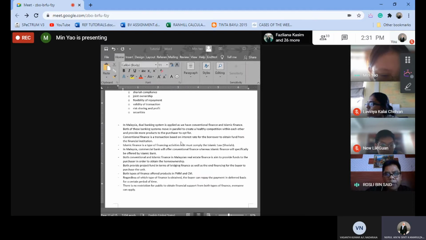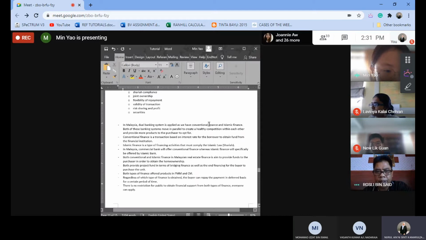But we have to use the correct terminology first. For Islamic, we usually call it Islamic finance. For conventional, usually we call it conventional loan. We call it conventional loan, but we cannot call it Islamic loan. Okay, noted.